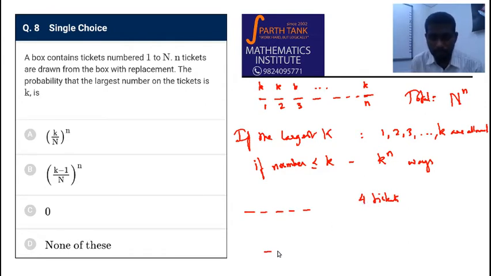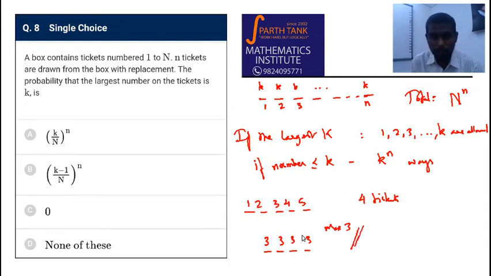Okay, so I am taking 4 tickets. I have 1, 2, 3, 4 or 5. I am taking 4 tickets from this, but the maximum has to be 3, let us say. So which means I can take 1, 2 or 3 here. So 3 ways, 1, 2 or 3 I can take, 1, 2 or 3 here also, 1, 2 or 3 here also. But then this includes also the possibility of having 1, 1, 1, 1 or 1, 1, 2, 2 without 3. So in those cases the greatest number won't be 3.